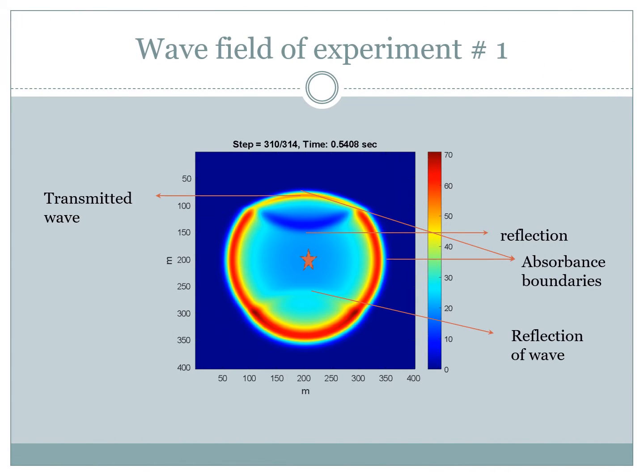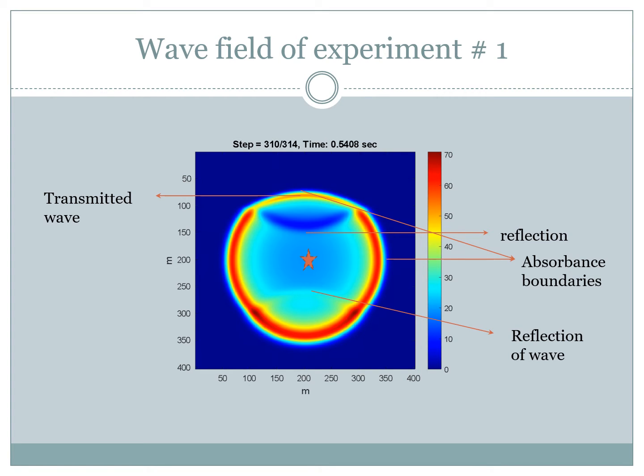So based on what we defined earlier for experiment 1, this is the image that was generated by MATLAB. And so this is the wave field of the experiment. We have a source generating a seismic wave field. This wave field then propagates through time until it hits the top and bottom reflectors.